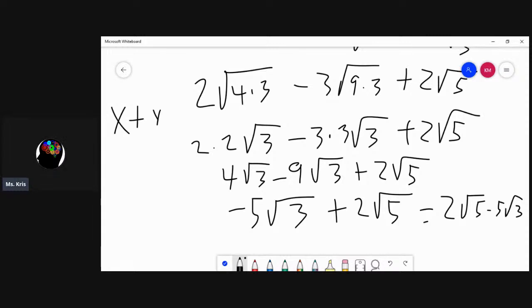All right. What does it look like to multiply a binomial radical? What does that look like? How do we solve it? All that good stuff. All right.